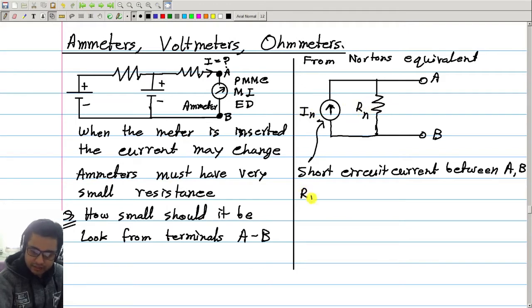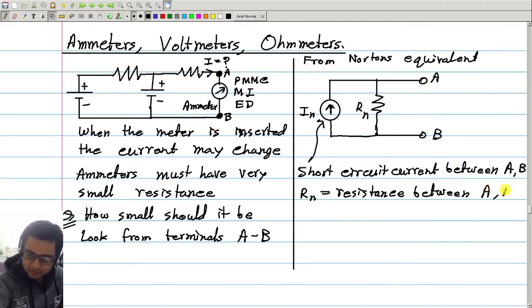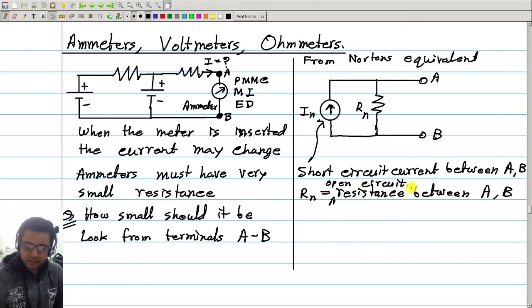Then RN is the resistance between A and B, I mean the resistance of the circuit between A and B. Okay, you can say open circuit resistance.